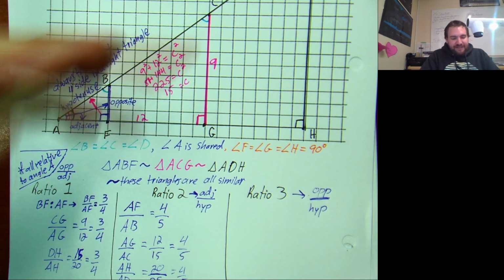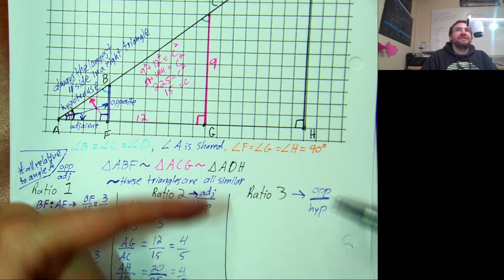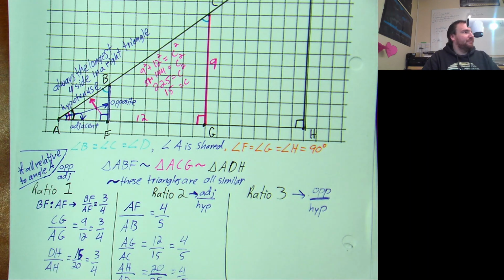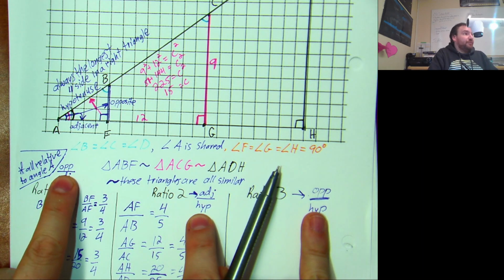Why that one instead of hypotenuse over opposite? Because I said so. We could flip both of these and get other things, but for the sake of what I want to show you today, it's these three ratios that I'm introducing to you.